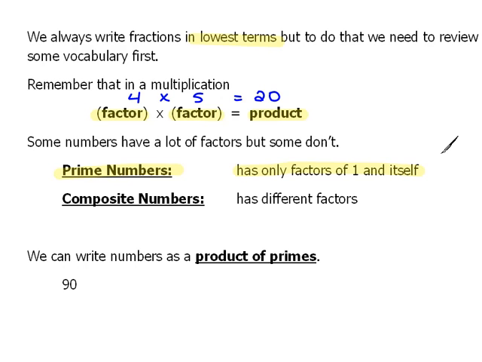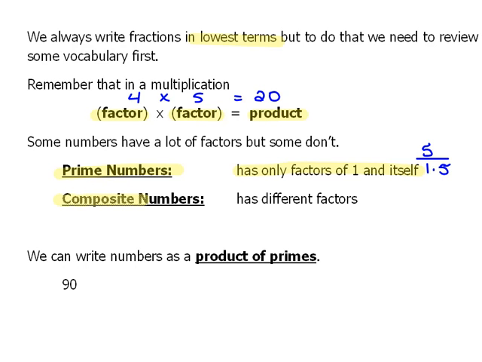So, for instance, a number like 5. 5 is a prime number because you can't break it down any further. The only things you can multiply together to get 5 are 1 times 5. That's it, nothing else. So because that is true, this fits the definition of a prime number. It has only factors of 1 and itself.